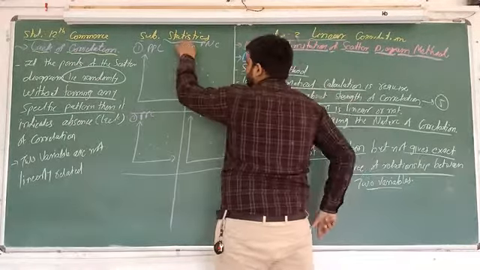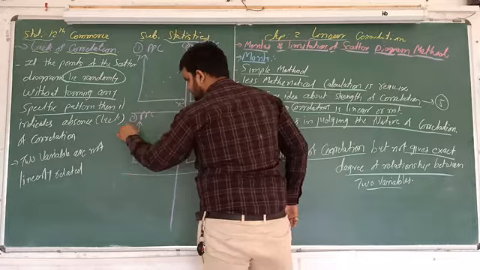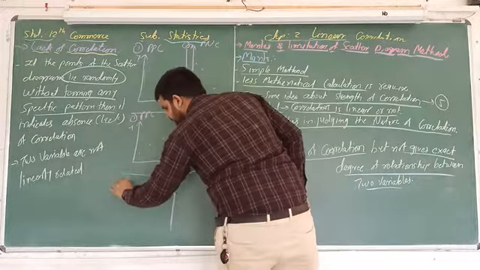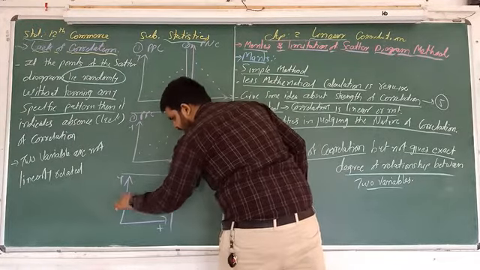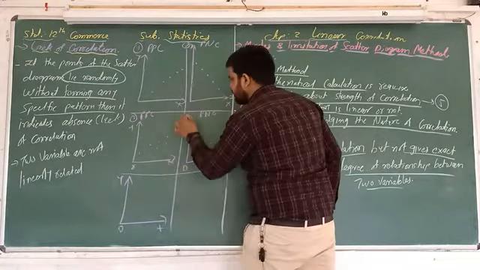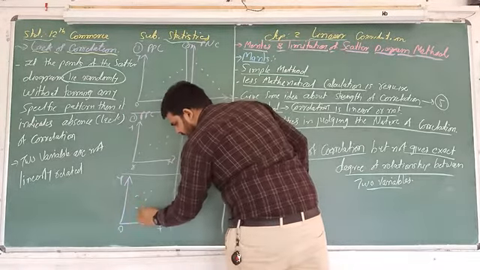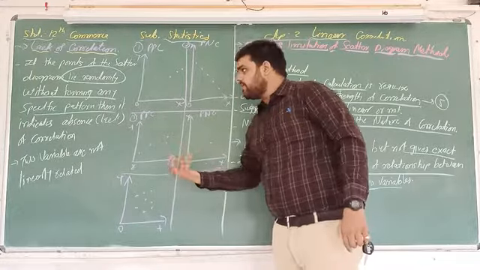And in the fifth type, again there are x and y axes with origin O, and the points are spread randomly. That is called no correlation or lack of correlation.